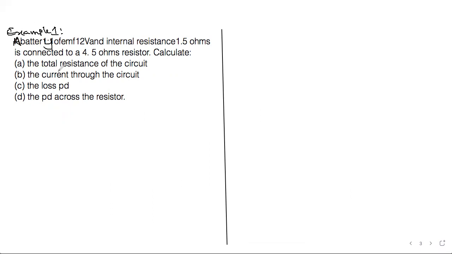You have to calculate the total resistance in the circuit, the current through the circuit, the lost PD, and the PD across the resistor. So let's quickly draw a diagram to illustrate this.